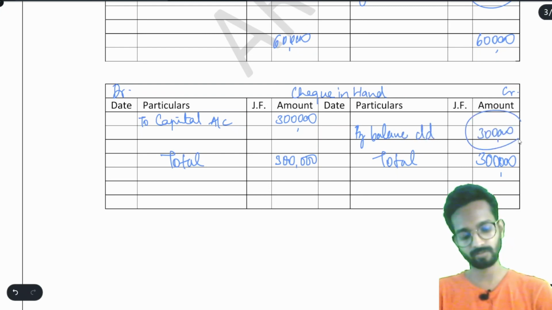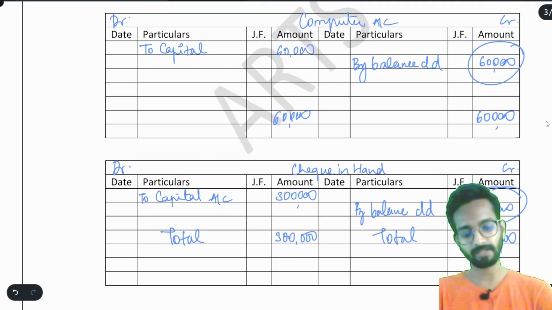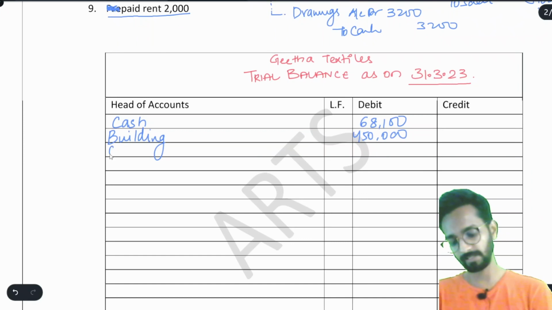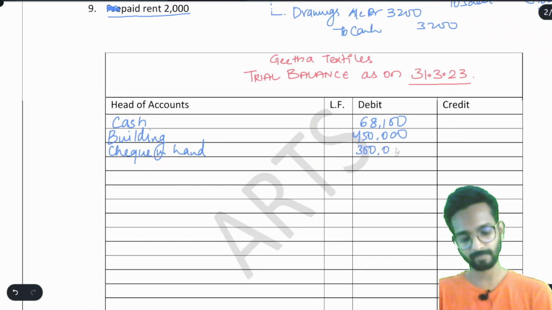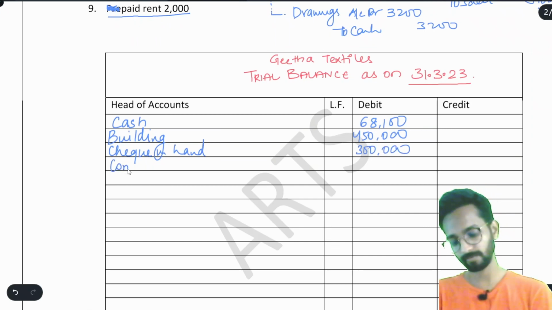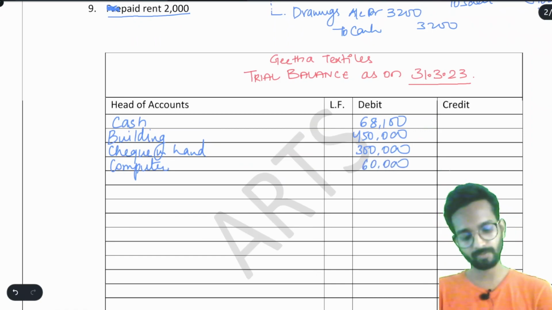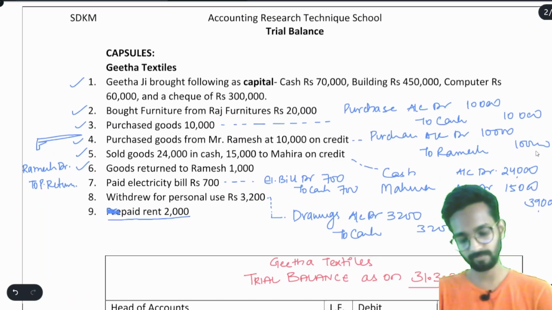So, cheque in hand 3 lakh and computer 60,000. Cheque in hand 3 lakh and then computer 60,000. Computer 60,000 only.